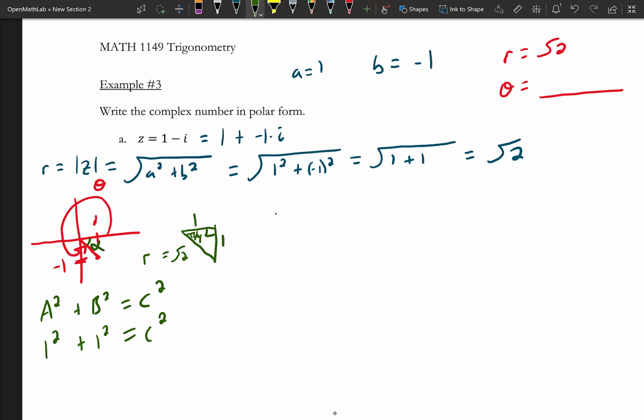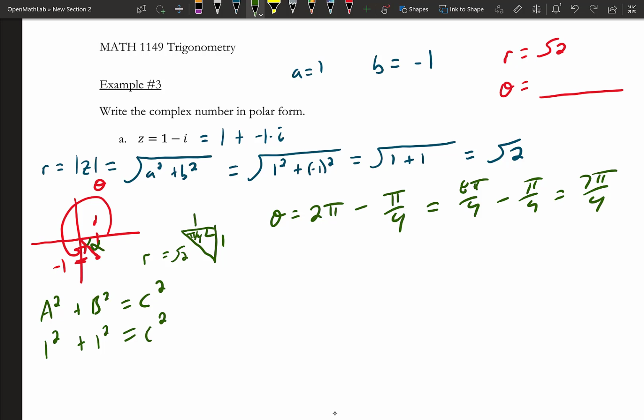So then theta is going to be equal to 2 pi minus pi over 4, because we're just short pi over 4 from being 1 revolution. So then I need to get common denominators, so that would be 8 pi over 4 minus pi over 4, which is 7 pi over 4.